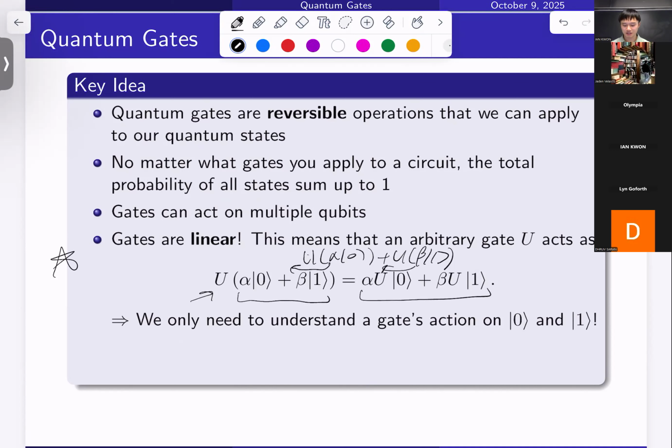So even on a completely general state, such as we have on the left, all you need to characterize its action is what it does to the basis states. This is a fact from linear algebra, but it'll be useful for us in that we can describe what it does to the 0 and 1 state, and that tells us everything about what it might do, just by the fact that we can factor it out, as shown here. Does that make sense, everyone? This is quite an important concept, this linearity.